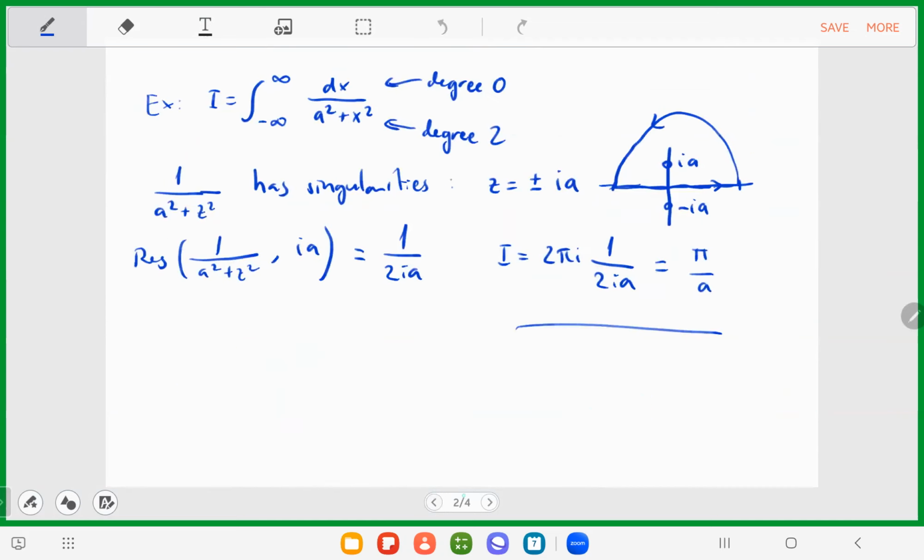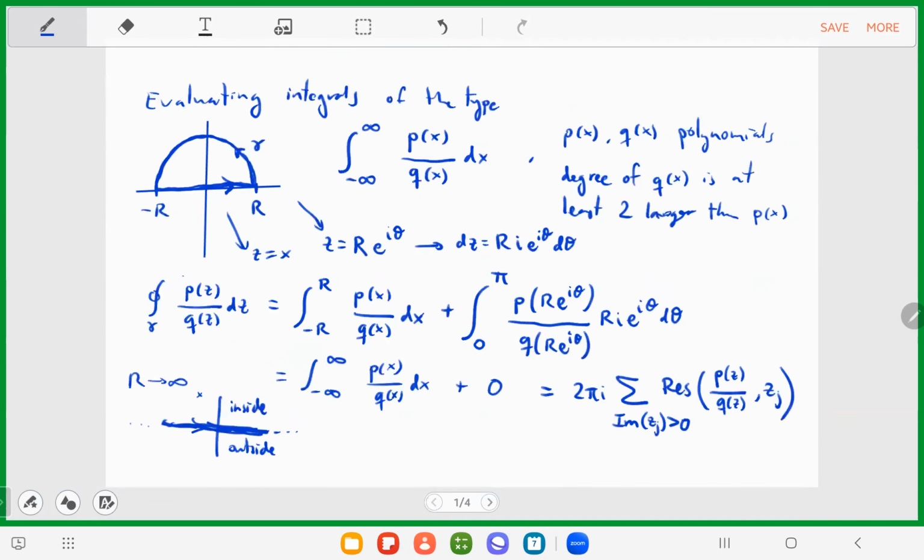Notice that if n is only 2, the contour will look like this, because we will have 2π over 2, which is just π. So the contour will be a semicircle. And if n is 2, we'll have a polynomial of x squared divided by a polynomial of x squared. That means the function will be an even function.